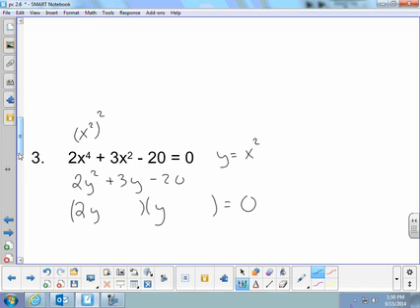Let's see, my factors of 20 are 4 and 5. Let's put a 4 here, a 5 there. That's my guess. If I want to check myself real quick, that's negative 5y. That's positive 8y. If you add them together, you do get 3y.